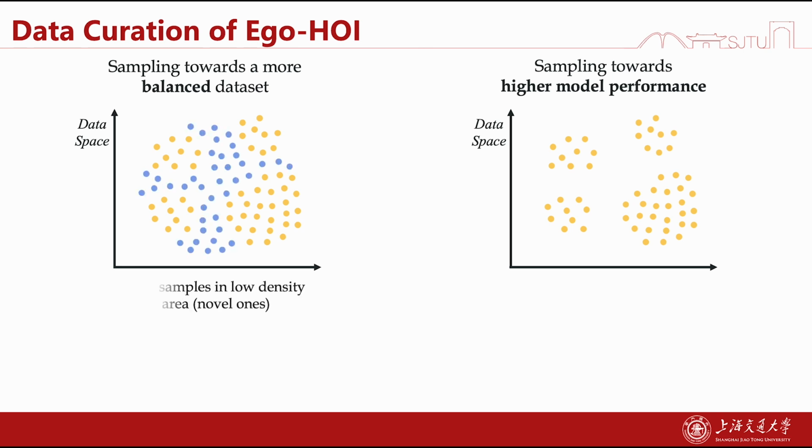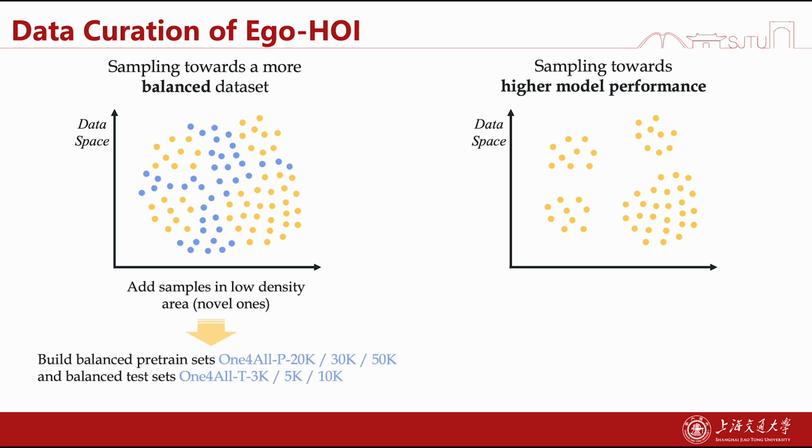In the first scenario, we sample videos in the low-density area in the data space for the balanced dataset. We build balanced pre-train and test sets called One-for-All P and One-for-All T for unbiased pre-training and fair benchmarking. In the second scenario, we sample videos that are similar to the existing ones to enhance the model performance.